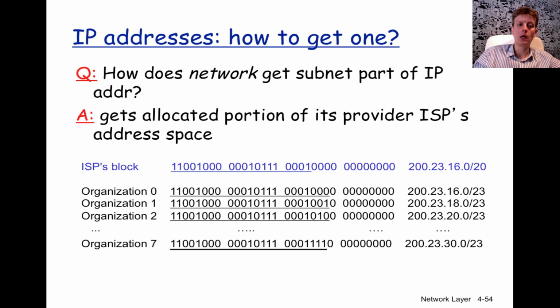The internet service providers are allocated a specific address space by an organization which is called ICANN, which stands for Internet Corporation for Assigned Names and Numbers.